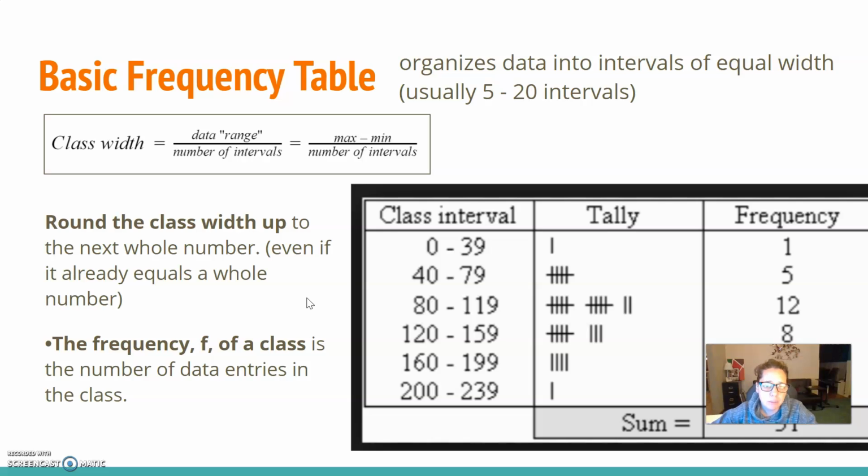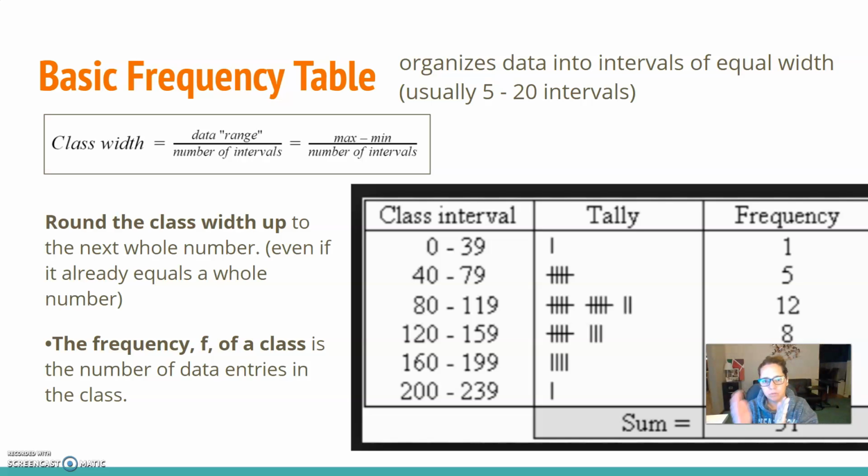So the basic frequency table organizes your data into intervals. It could be intervals of time. It could be intervals of measurement, like how many shoes you have. Some people have 0 to 1.